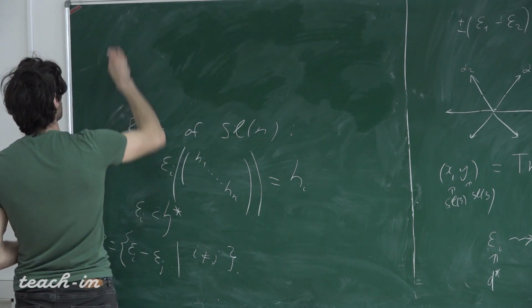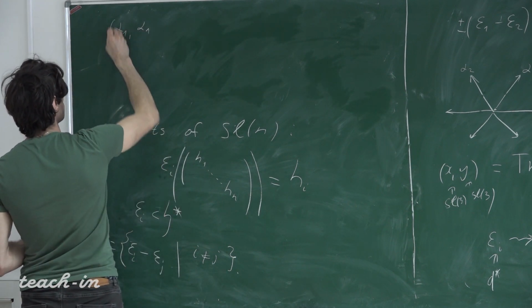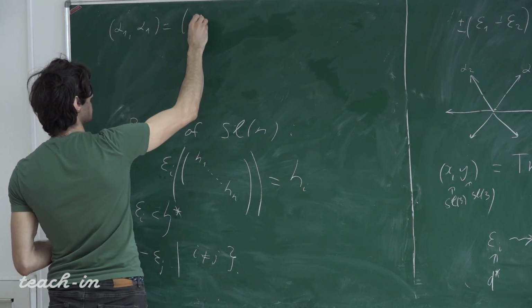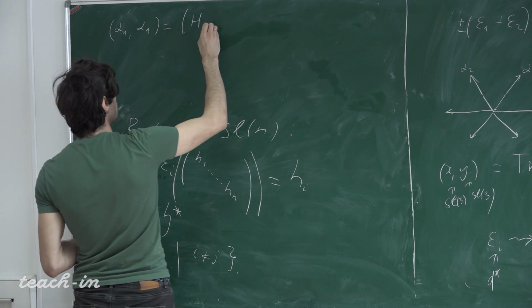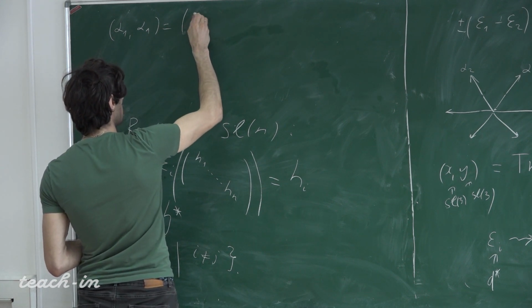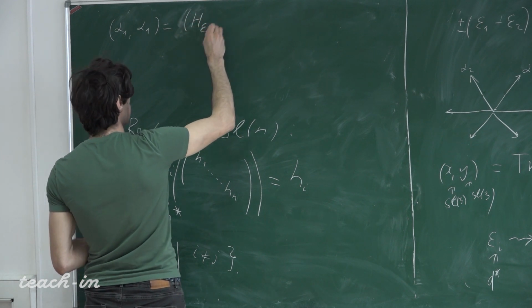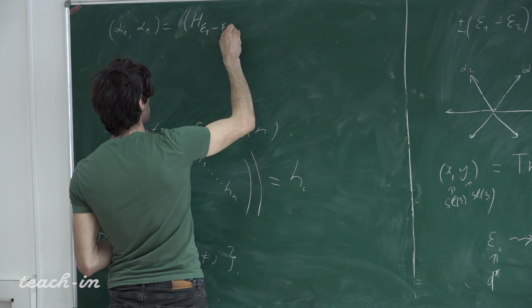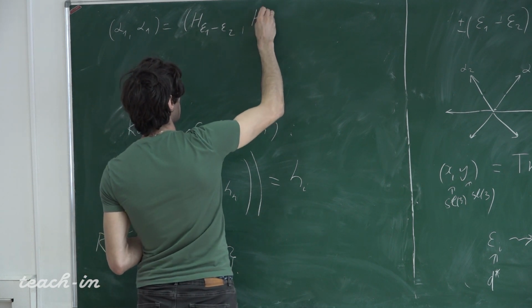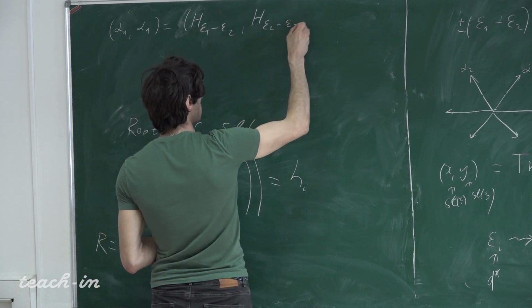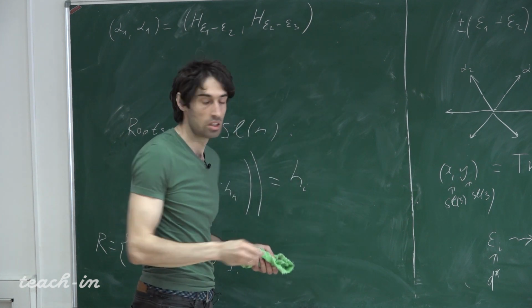So let's compute alpha_1. By definition, it is h_epsilon_1 minus epsilon_2, and alpha_2 is h_epsilon_2 minus epsilon_3.